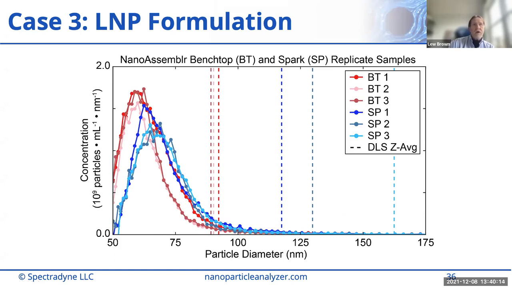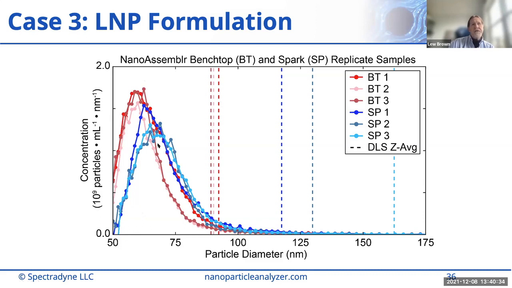Okay. So this is actually quite different from what the DLS said. First of all, the DLS said that the Z average was up about 90 for the Spark samples. And that's just plain not true. It's really down here at about 60 nanometers or 55, depending on how you look at it.